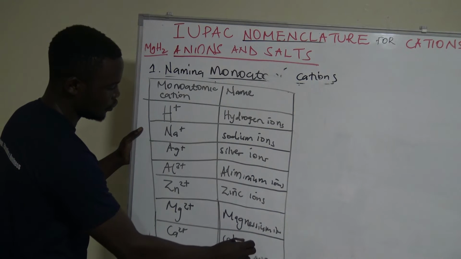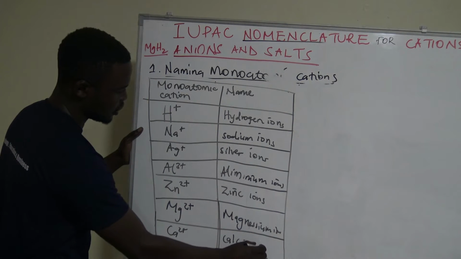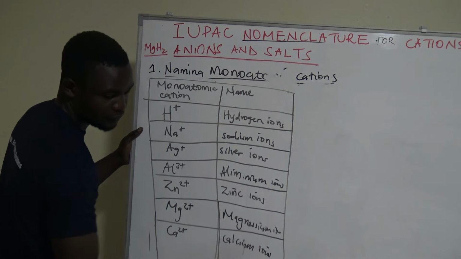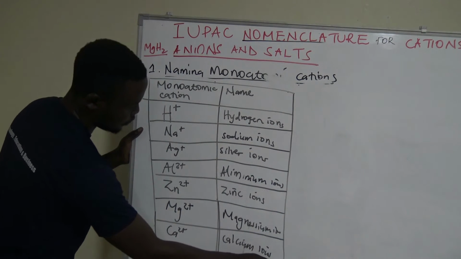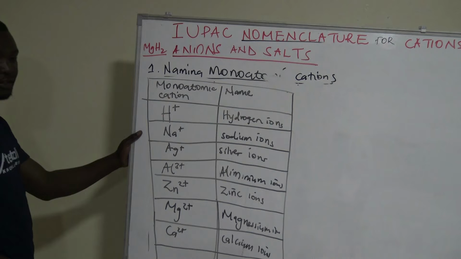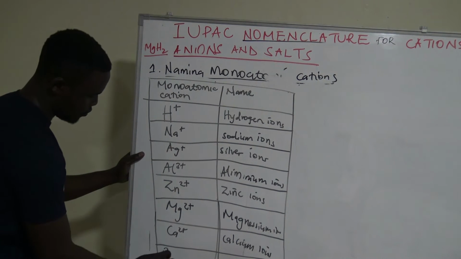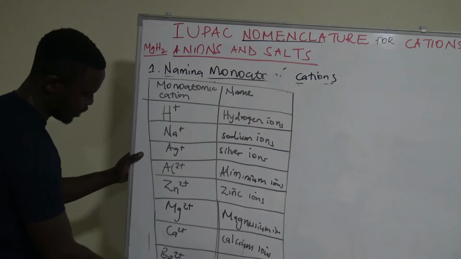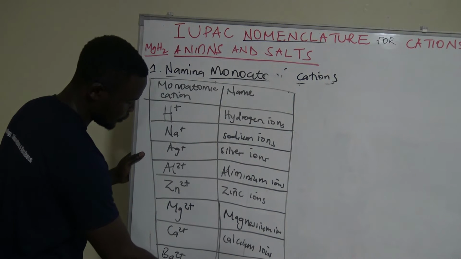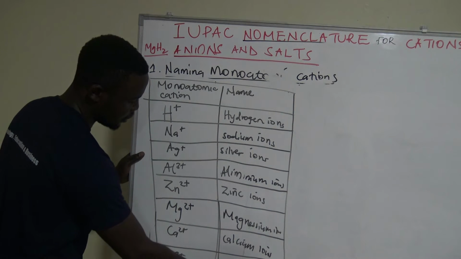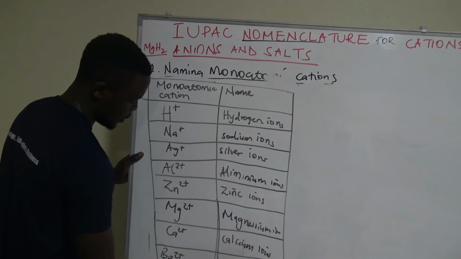Calcium is monovalent, so these are calcium ions. We look at another one, barium. Barium is monovalent, so we shall just write barium ions.